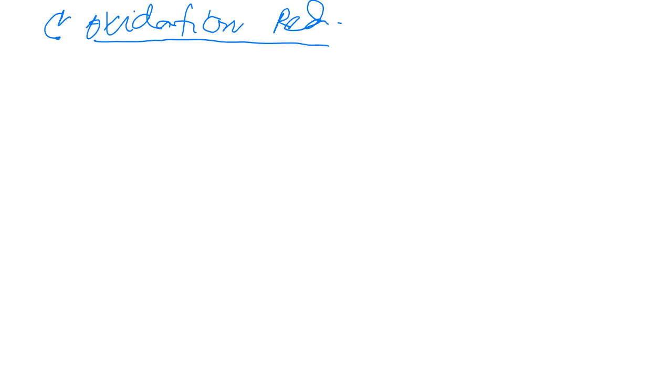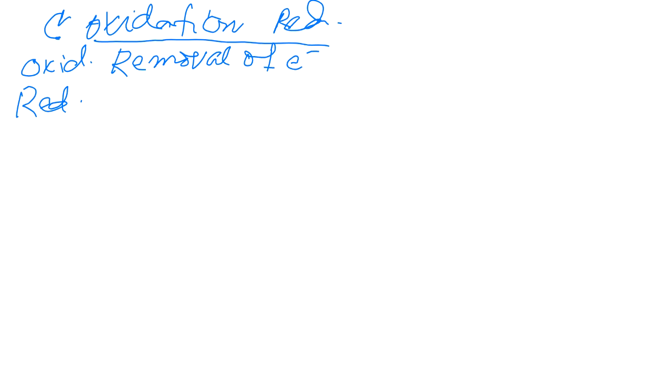Okay, now chapter 4.4 is oxidation reduction, right? What is oxidation? What is reduction? Oxidation is release or loss of electrons, removal of electrons. Second, reduction is gain of electrons.